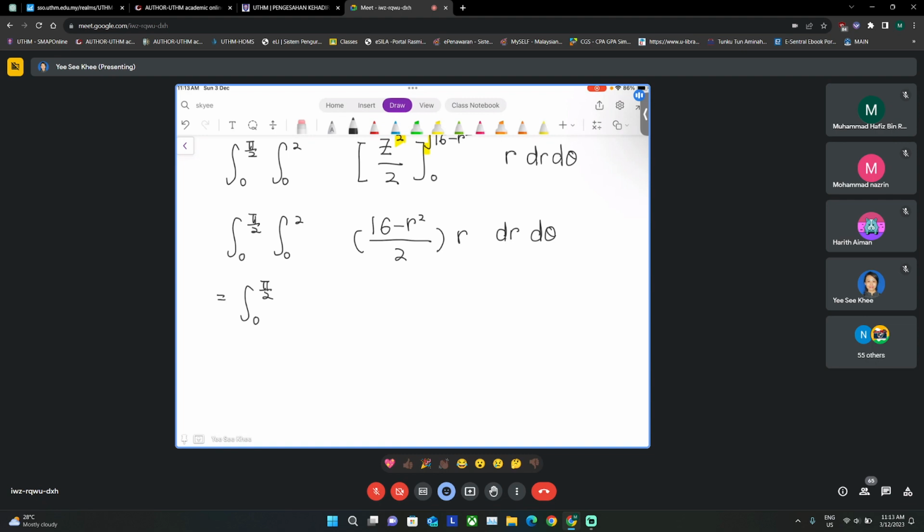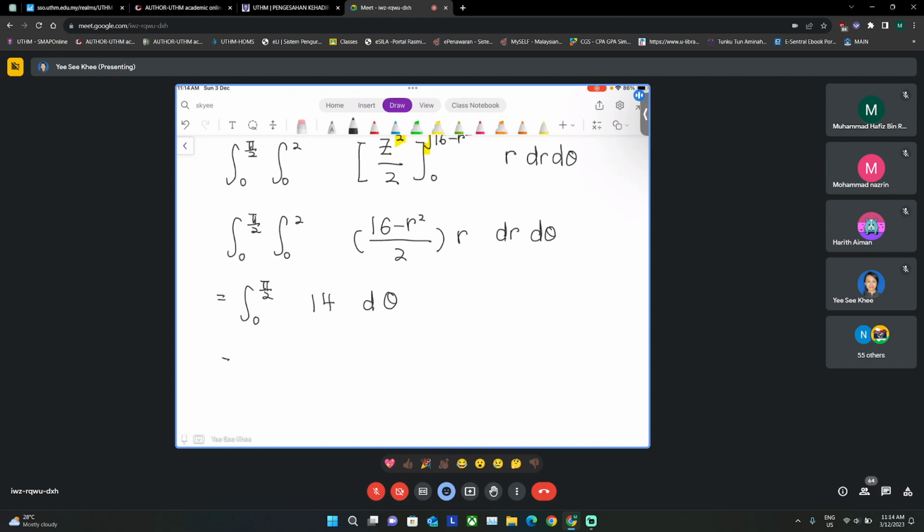So let's try 16 minus x squared over 2, then multiply with the x, from 2 to 0. Okay, we get 14. Get 14. And d theta.